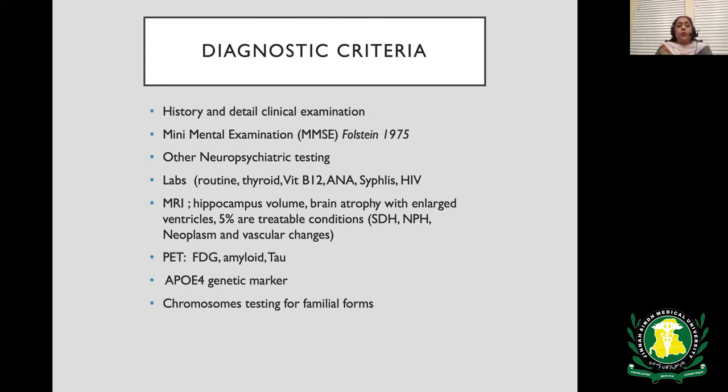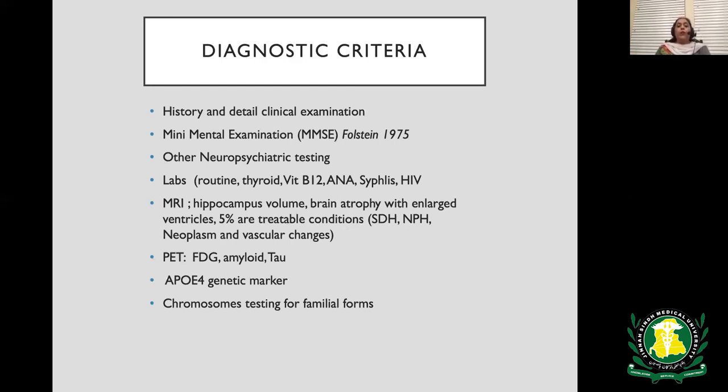For labs, we do routine tests, thyroid, vitamin B12. Tests for syphilis and HIV are also important to rule out other causes of dementia. However, the American Academy of Neurology recommends doing an MRI in these patients to look for the common hippocampal volume loss and brain atrophy with enlarged ventricles.